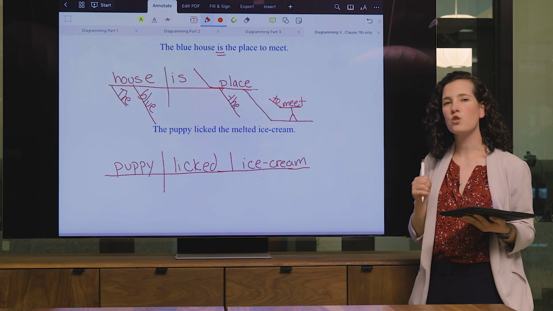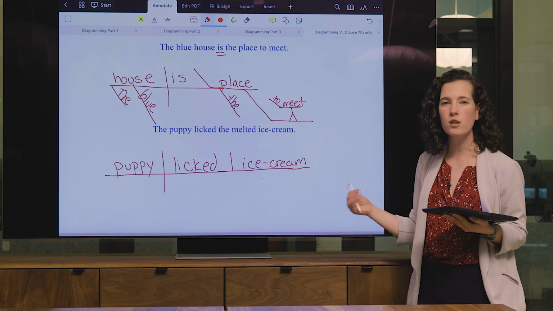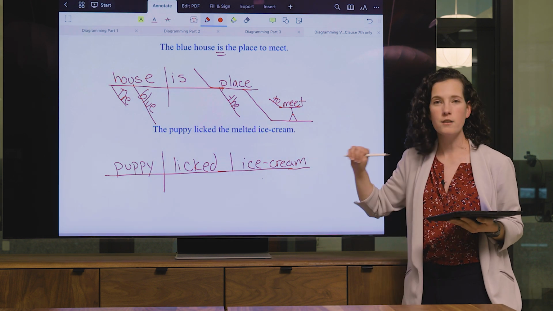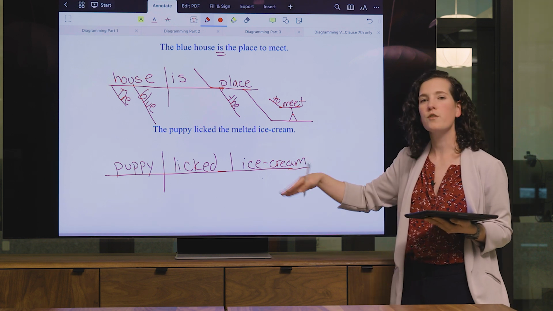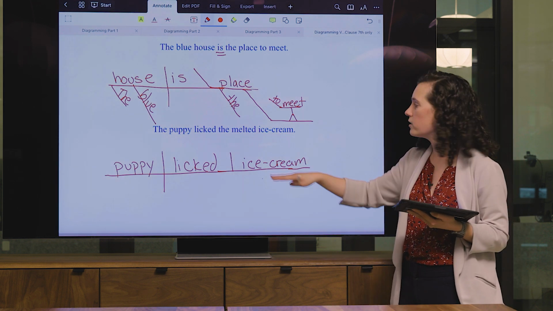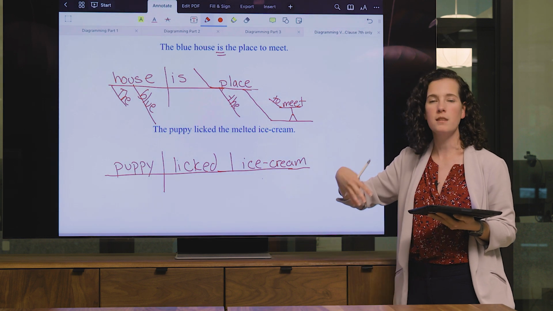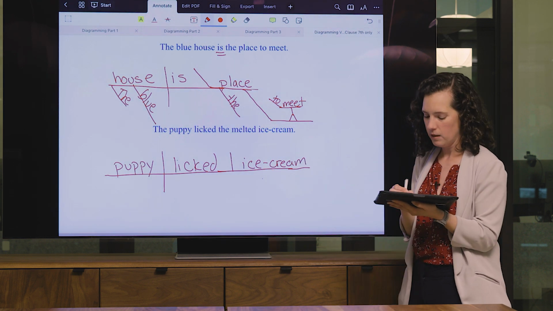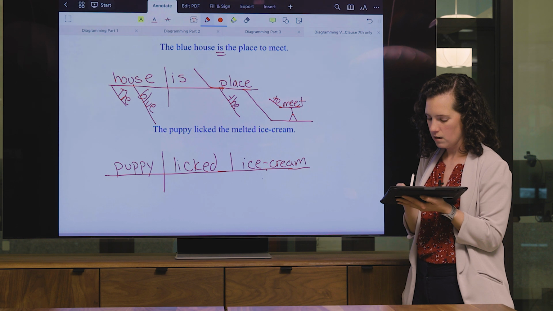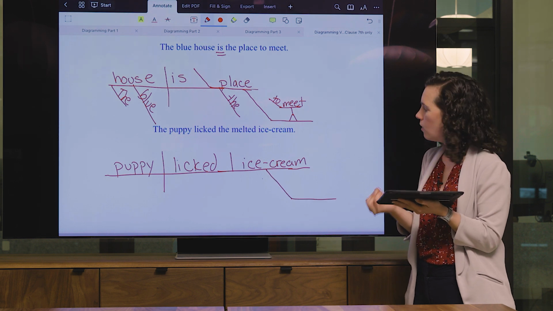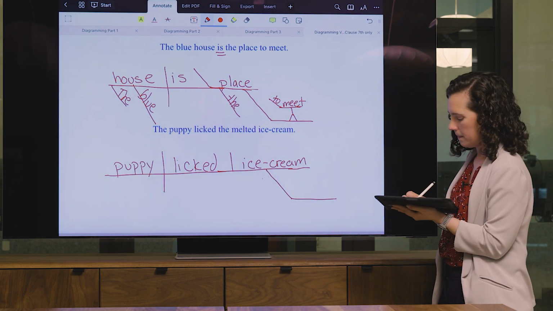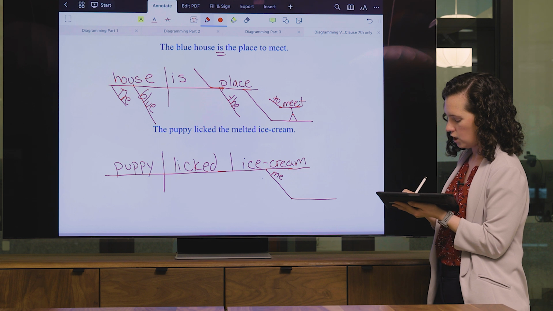Melted is an adjective describing the ice cream, but it's not a regular adjective like vanilla ice cream. Melted comes from a verb, something can melt, so it's saying he licked up the ice cream that had melted, that this action had happened. So we draw this as a participle, which means we're going to draw it on this shape.